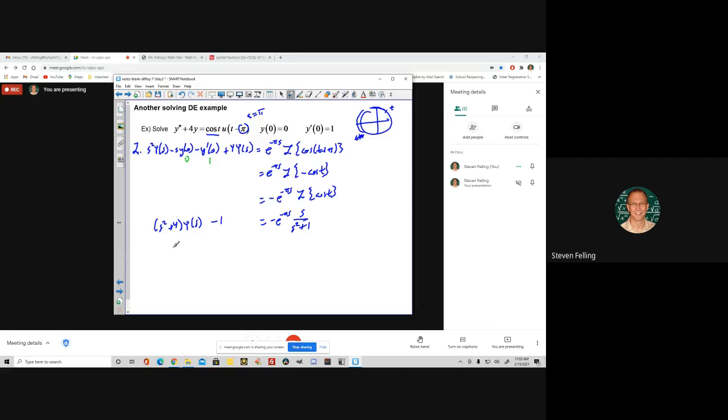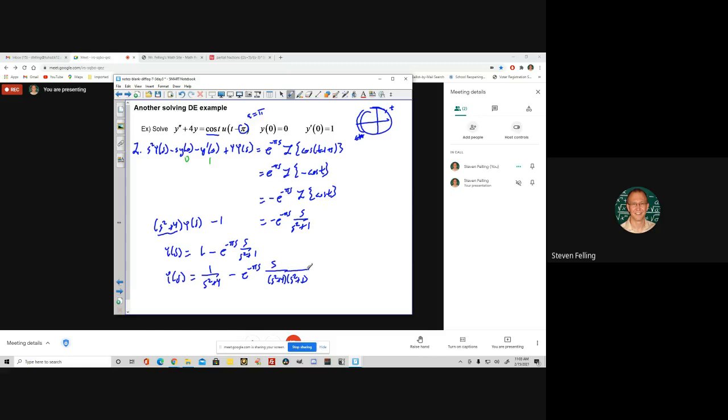So I'm going to have (s squared plus 4) Y(s) equals 1 minus e to the negative pi s times s over s squared plus 1. And then if I divide through by this, I'm going to get Y(s) equals 1 over s squared plus 4 minus e to the negative pi s. And then I have s over, and I'm going to have an s squared plus 4 and then the s squared plus 1 there as well.